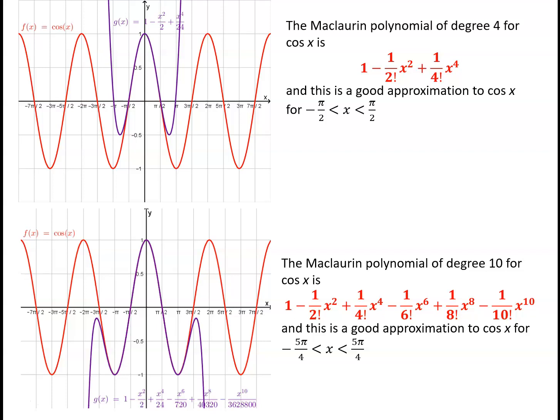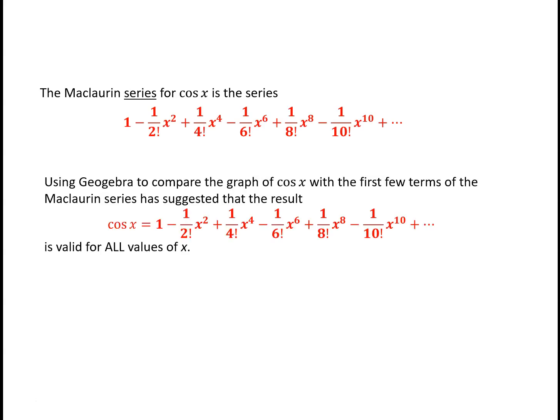And what this is suggesting to us is that the Maclaurin series for cos x is actually a very good approximation for cos x, and that the series will be valid for all values of x provided we take enough terms in the series.